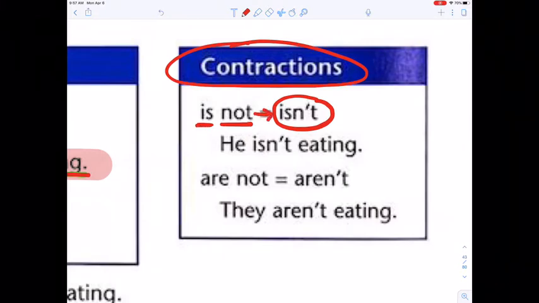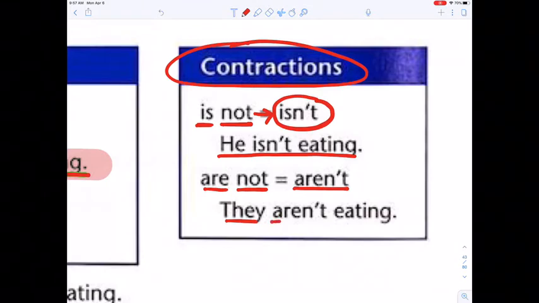We make it into isn't. He isn't eating. Then we have are not. What is the contraction for are not? Aren't. They aren't eating.